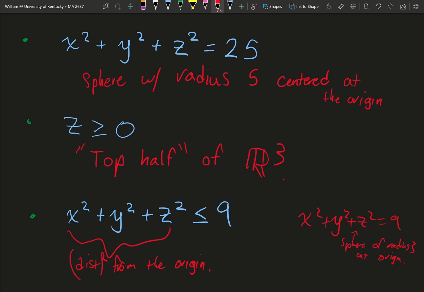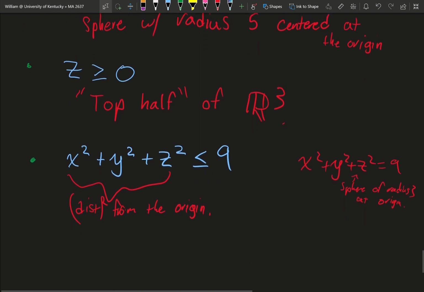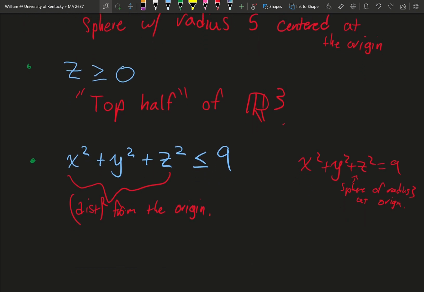We're less than or equal to 9, so what this tells us is that this has to be a closed, a filled-in sphere, which we actually have a special name for. We just call it a ball of radius 3.